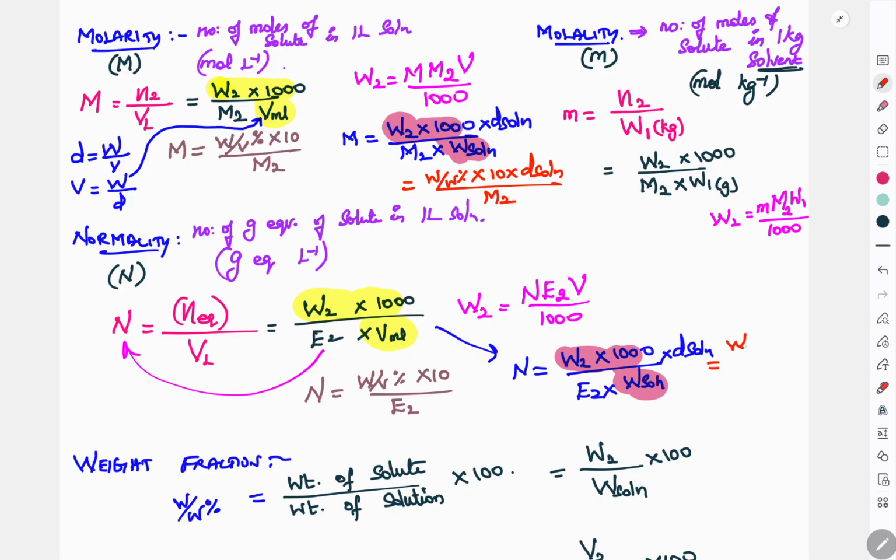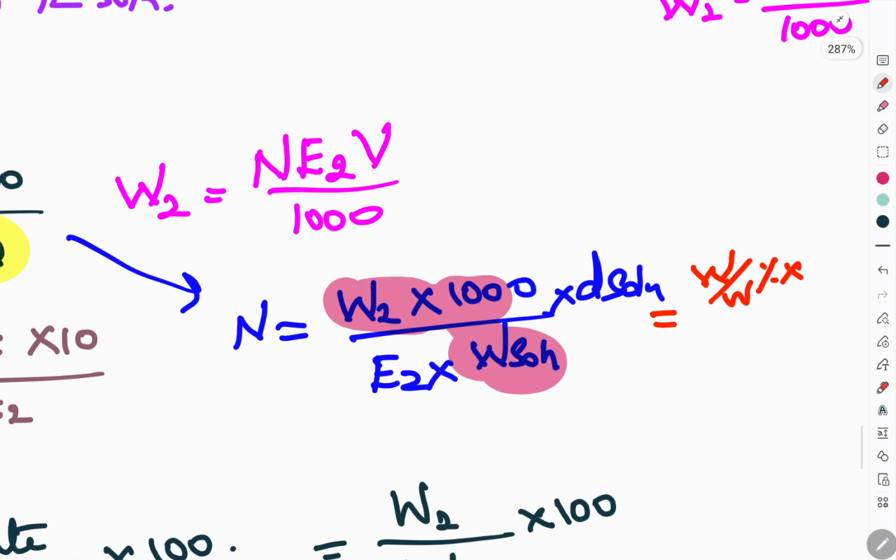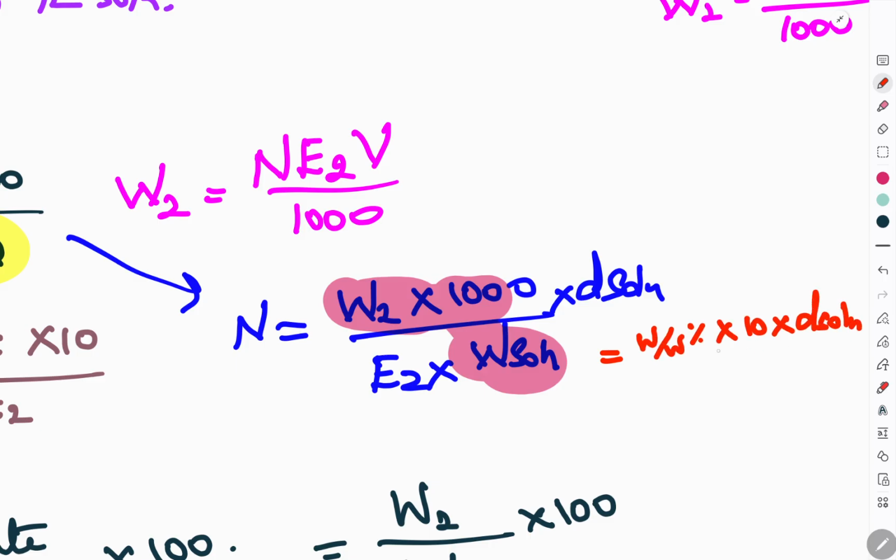I can also write W by W percentage into 10 into density of solution by equivalent weight.